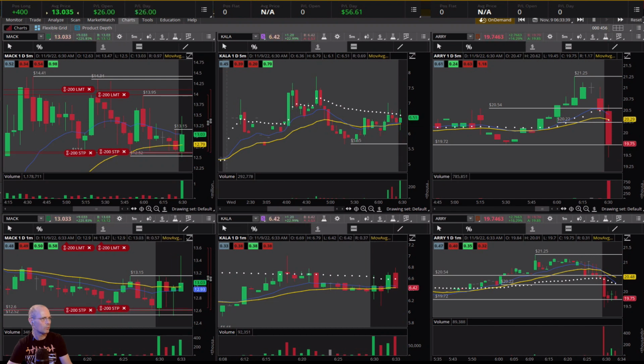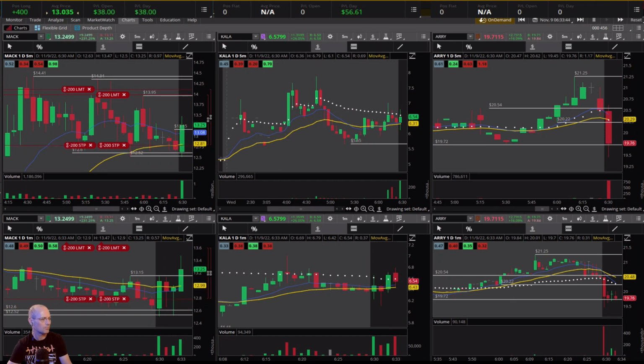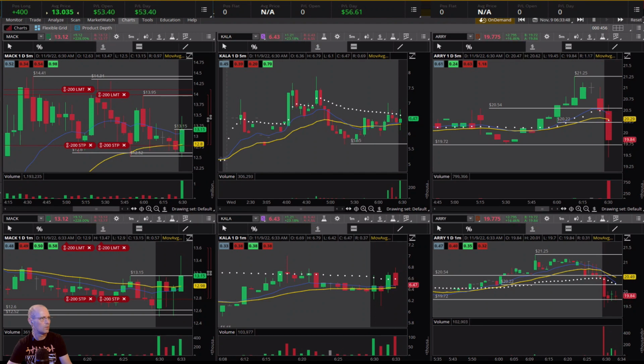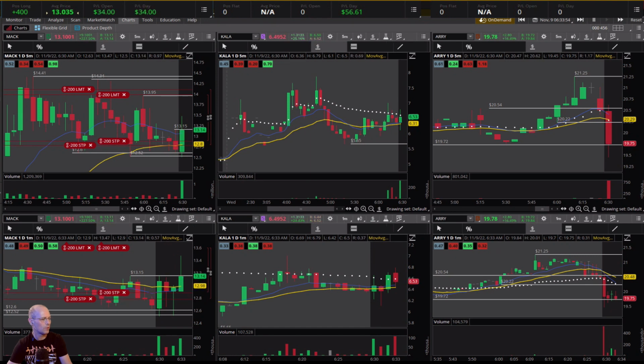If MACK turns red, I'm going to jump out of it for a loss. I'm actually going to move my stop loss up right now. Not holding up too well. It's one of those things where maybe I should have taken profit already, but I'm looking for a bigger move.